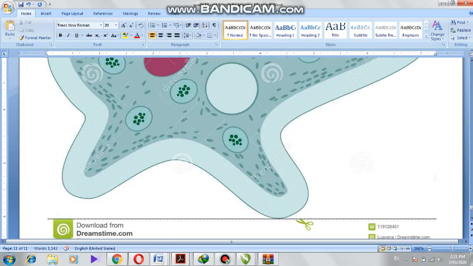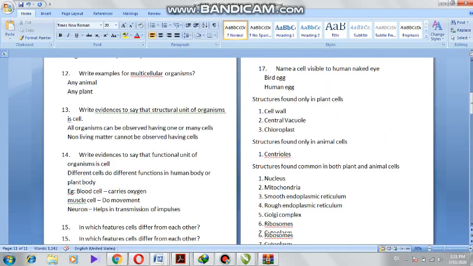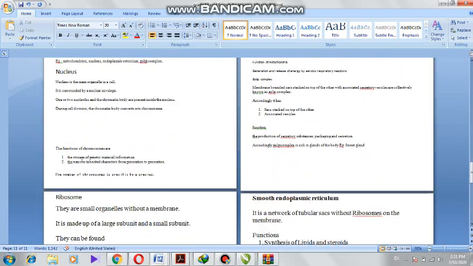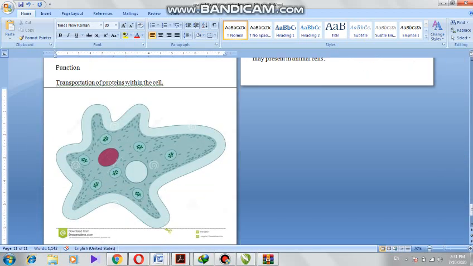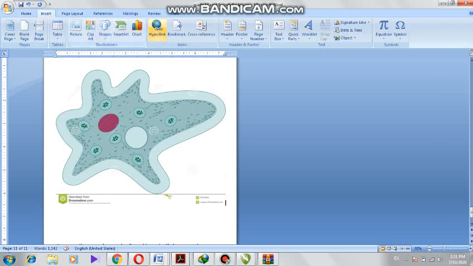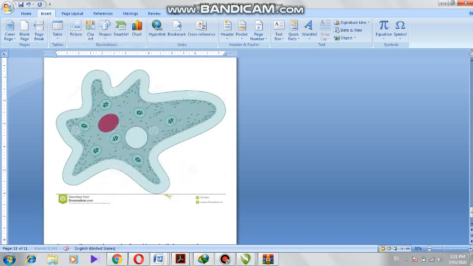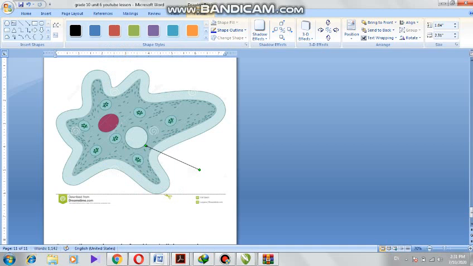So this is amoeba. This amoeba has a contractile vacuole. Which is the contractile vacuole here? Here. This is the contractile vacuole.